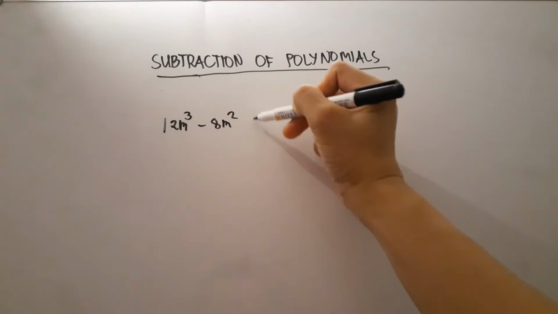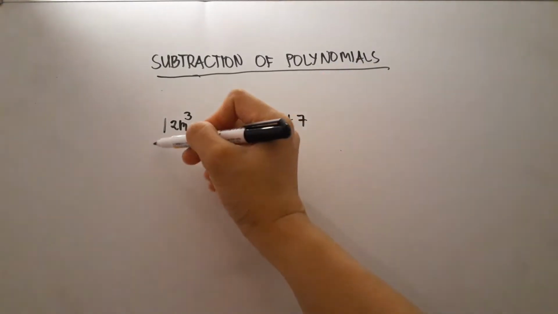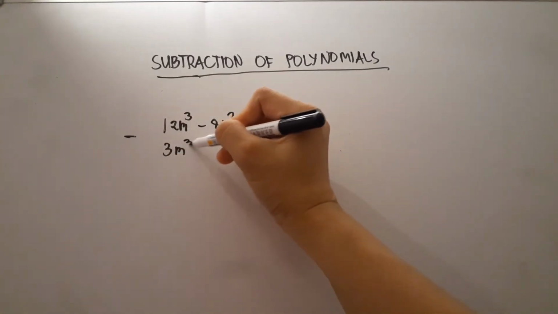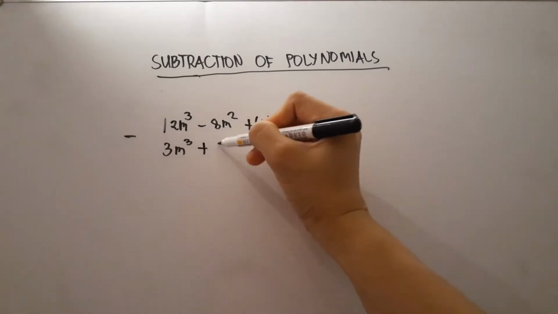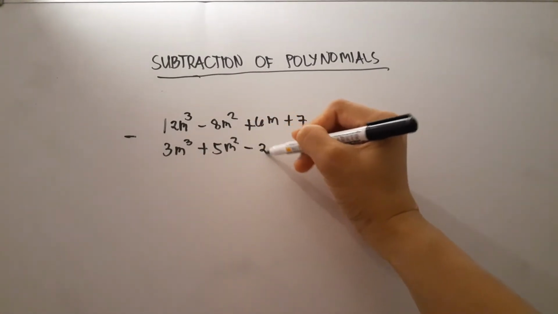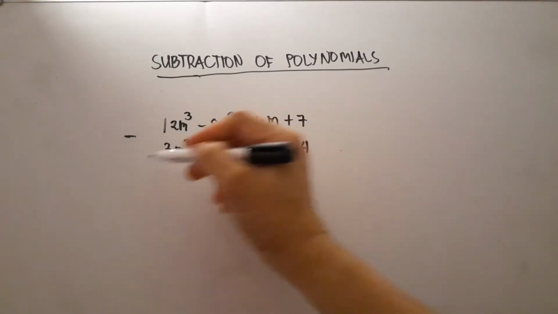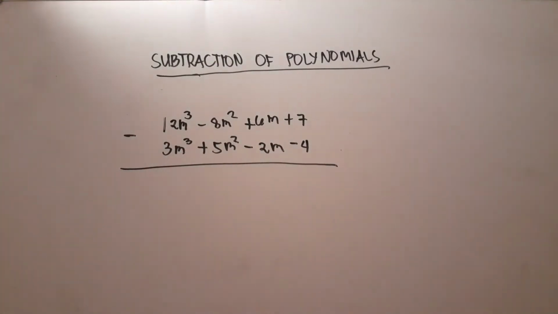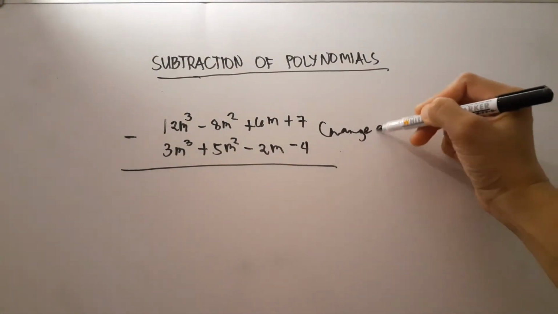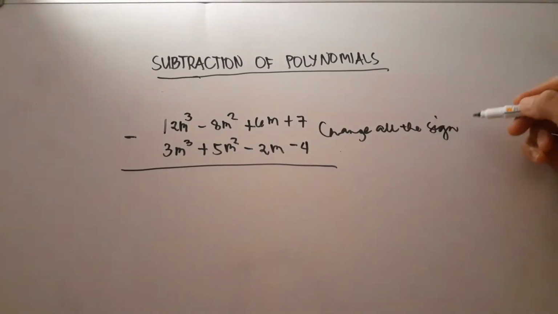We see another example, 12m cubed minus 8m squared plus 6m plus 7, and we can copy the second row, which is 3m cubed plus 5m squared minus 2m minus 4. You can see that we change all the signs in the second row of polynomials, the additive inverse of the polynomial.